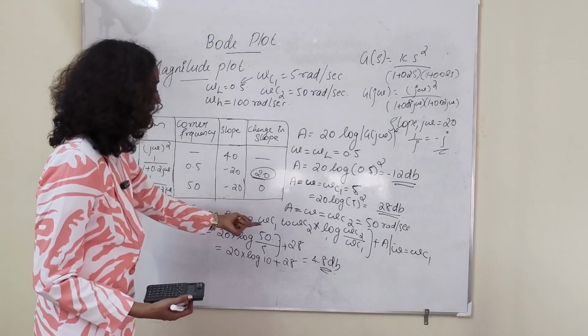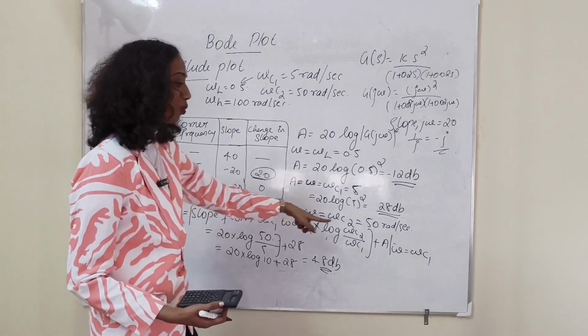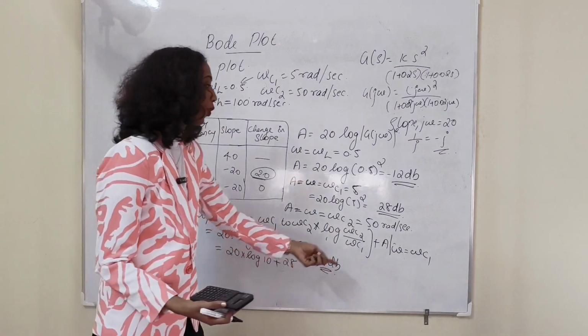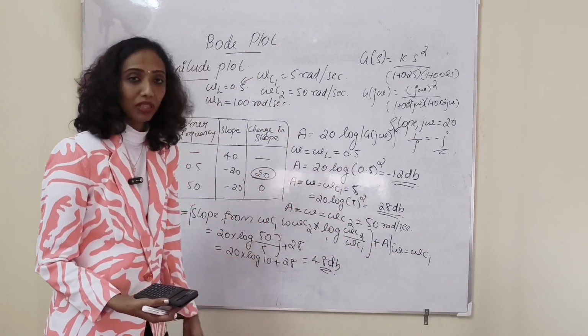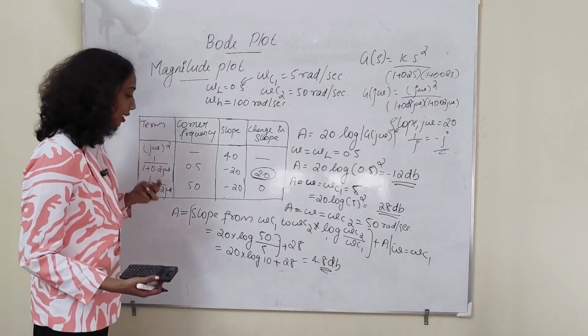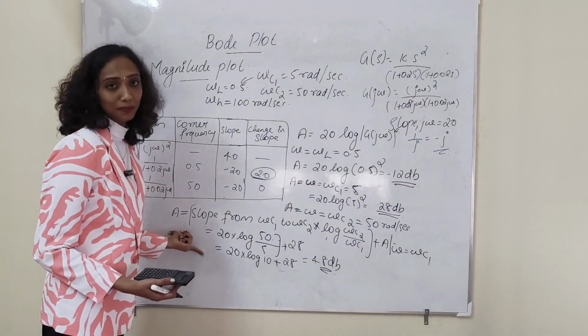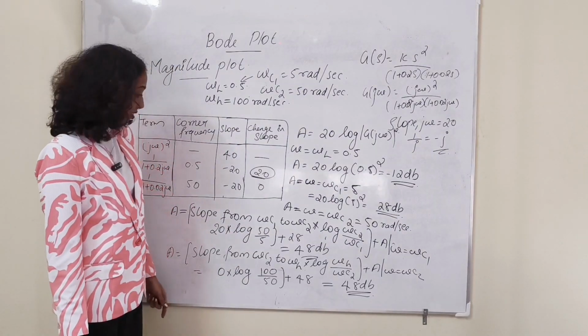Slope is 0 into any value, which is again 0, plus the gain at omega equal to omega C2, which is 48 dB. So the fourth term is always similar to the third term. I completed this, I think you all understand.